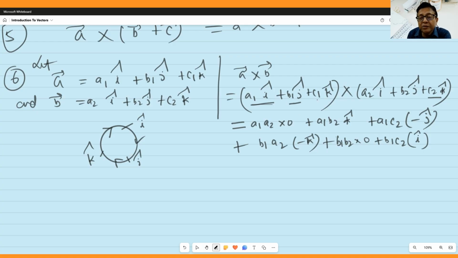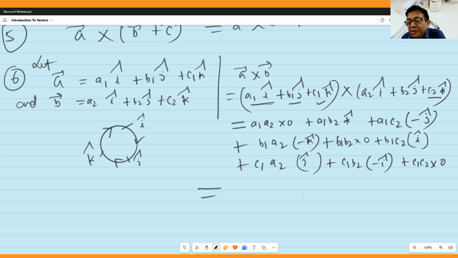We have done this thing also. Now this with the rest. C1 A2 K cross I, that is J, plus C1 B2 K cross J. K cross J will be minus I.